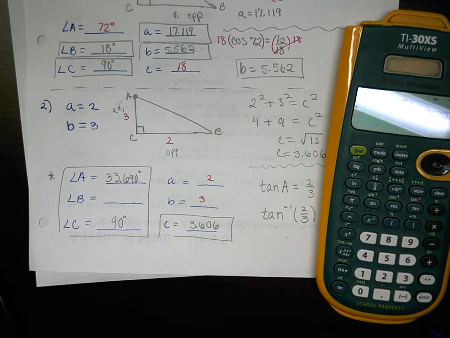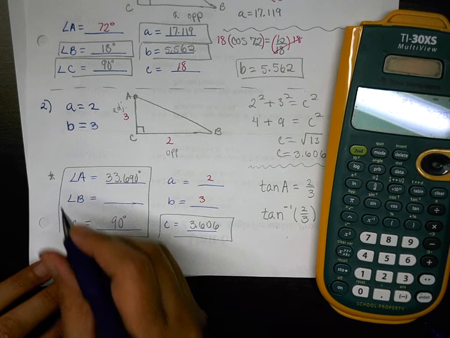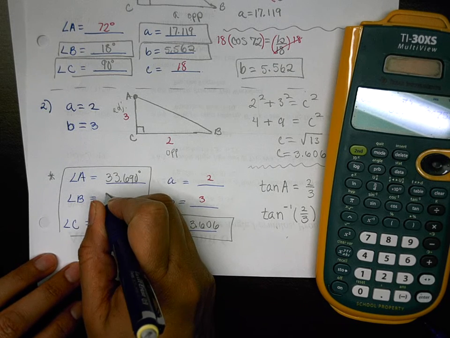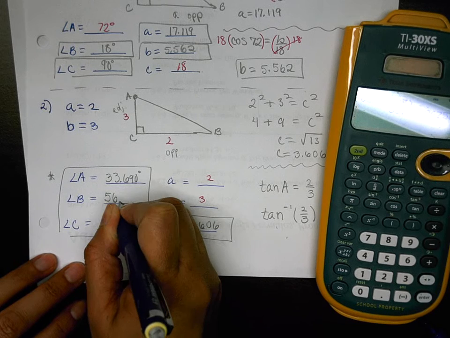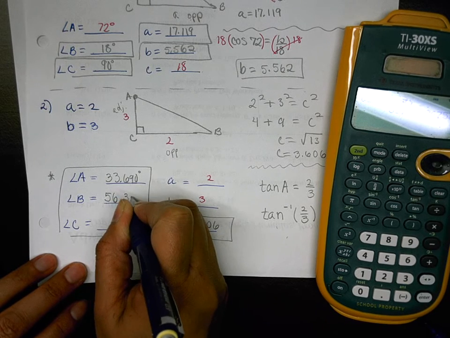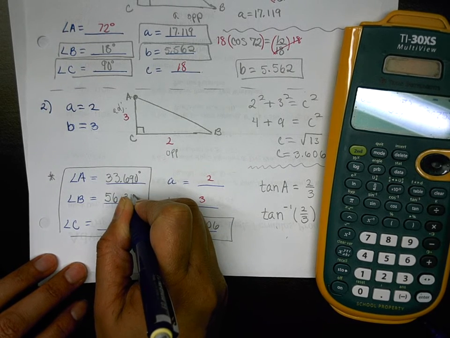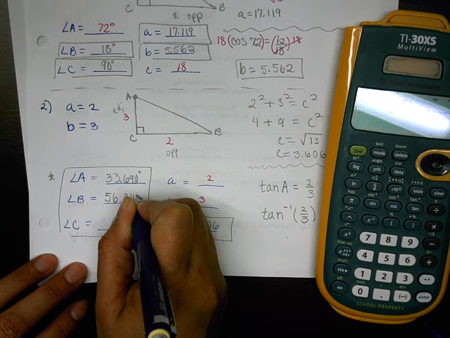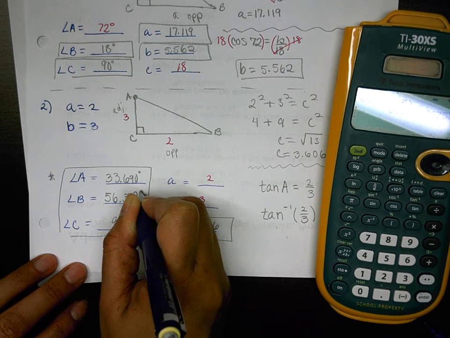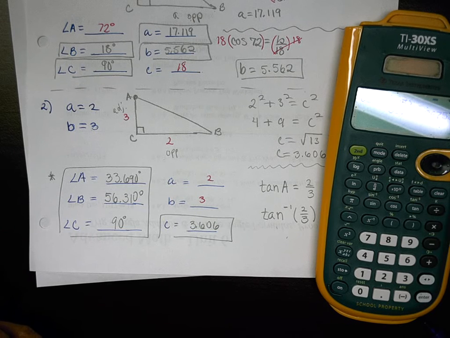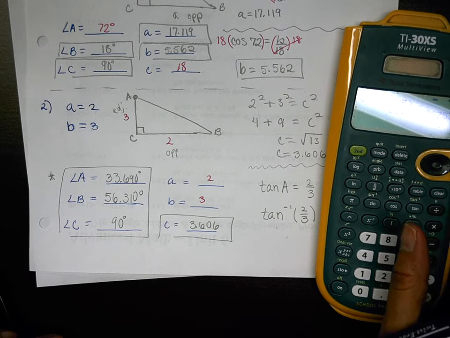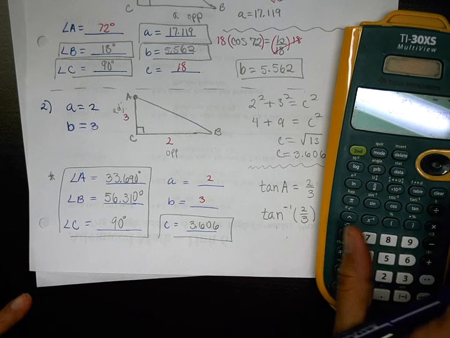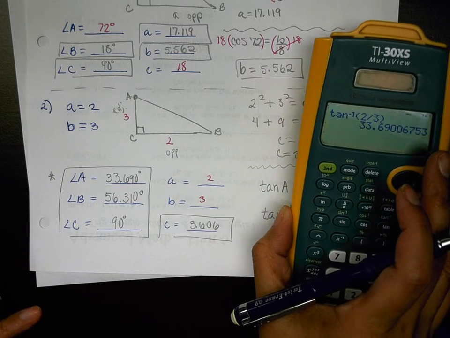Okay, what do you get? 56.310? Yes? It's just 310? No? No, just 310.